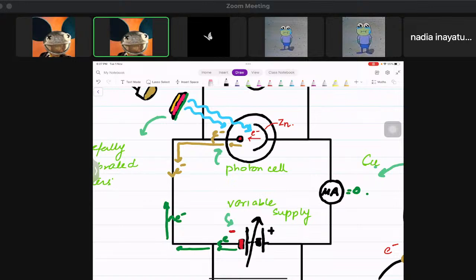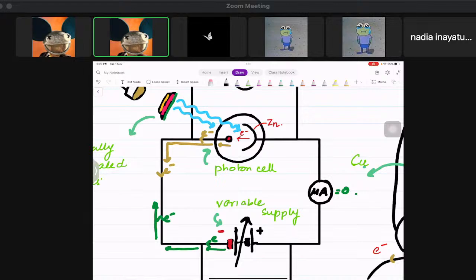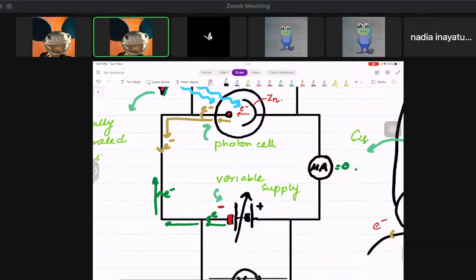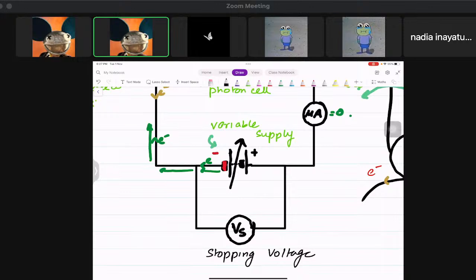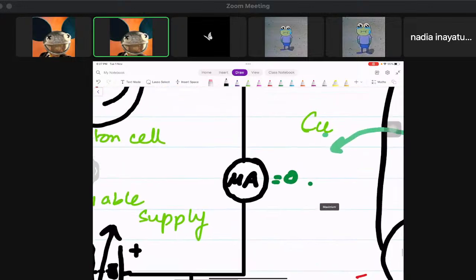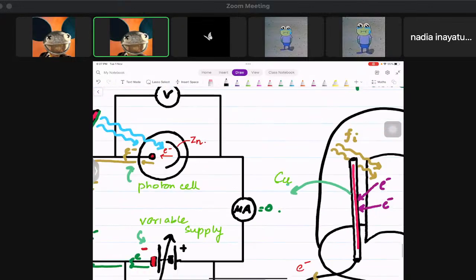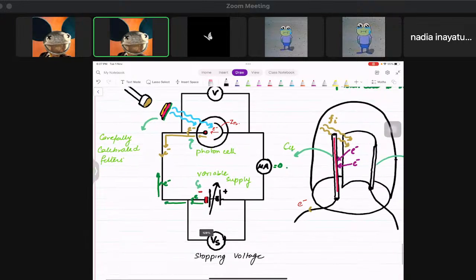Now, what we do is we keep on increasing the potential of the battery, and at a certain potential, which is called stopping voltage, the current here in the ammeter becomes zero, which means that we have created so much repulsion at the copper rod that none of the electrons can now enter it.